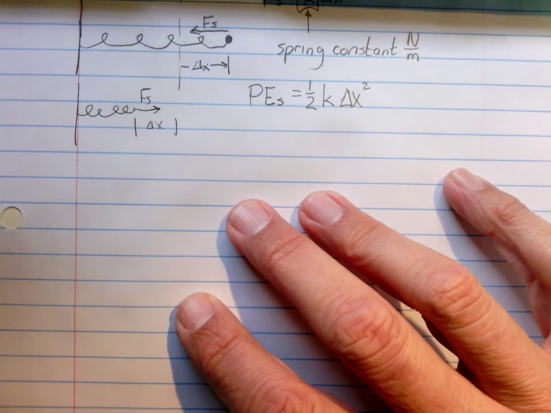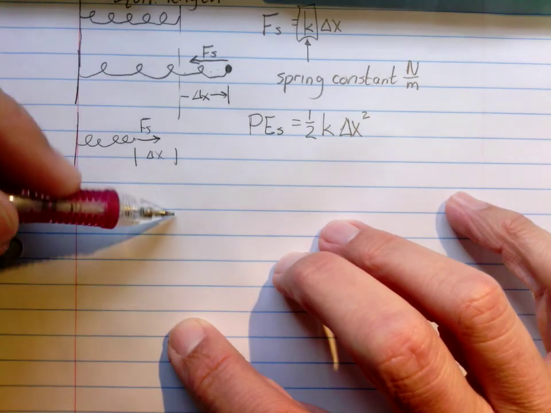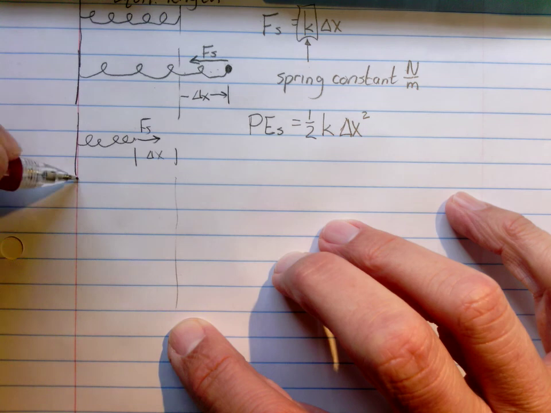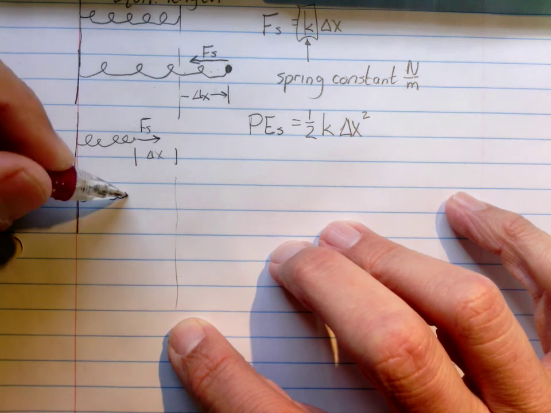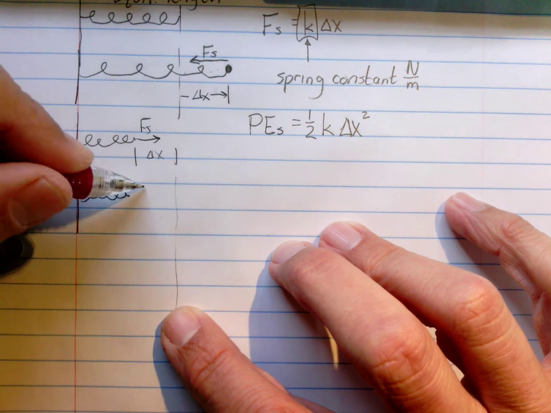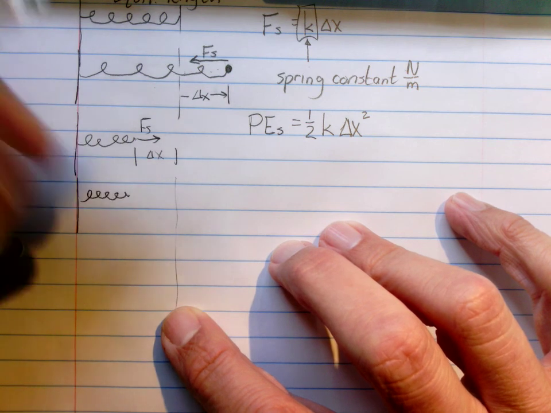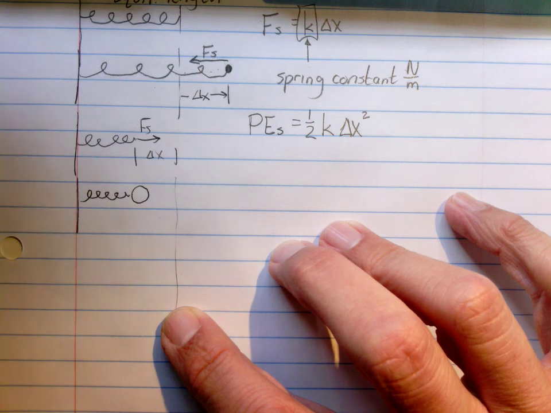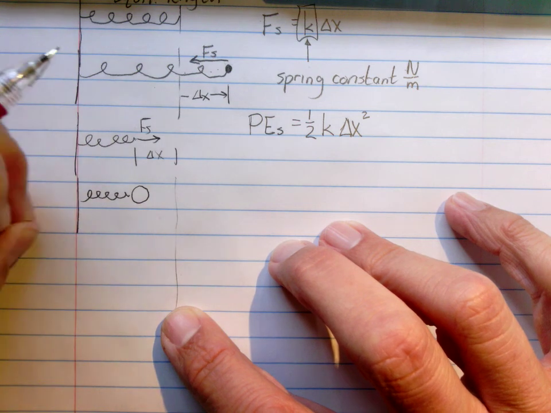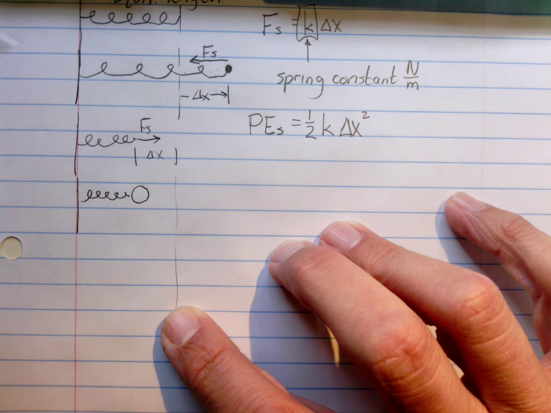Let's use this exact same spring, okay, and I compress that spring to this distance, delta x, and I put a ball there, and I hold it, okay? Think of a pinball. When you pull that thing back, it pulls the spring back and the ball's on there.